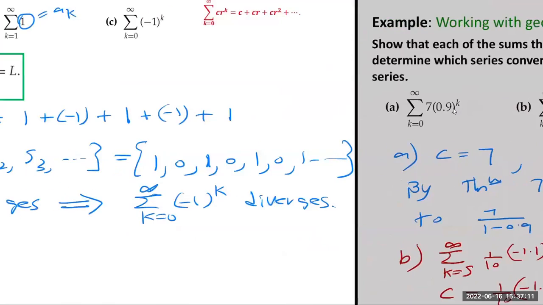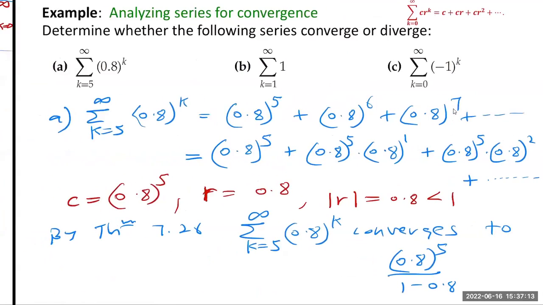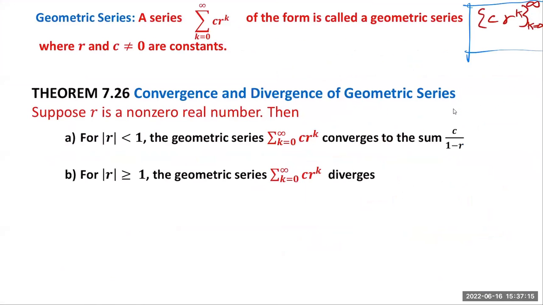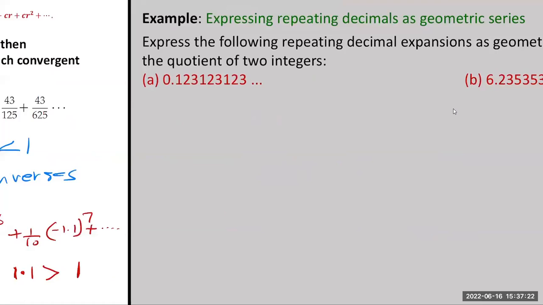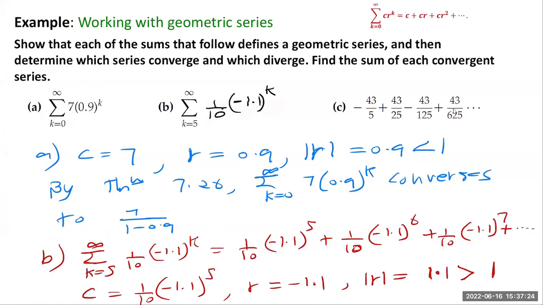If the absolute value of R is greater than 1, then the geometric series diverges by this theorem. So that means the given series diverges. I will write: series diverges. The given series diverges, of course, by theorem 7.26.